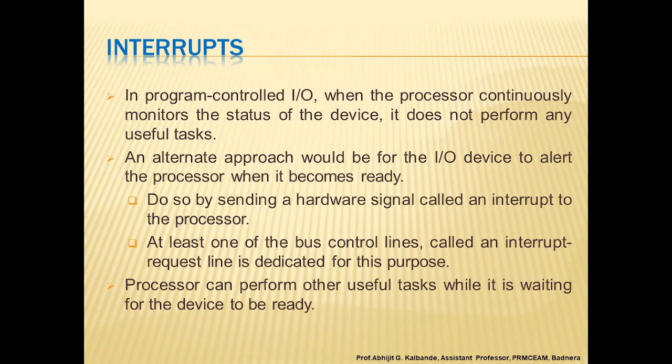At least one of the bus control lines, called the interrupt request line, is usually dedicated for this purpose, and the processor can instruct the IO device to activate the line as soon as it is ready for the data transfer.